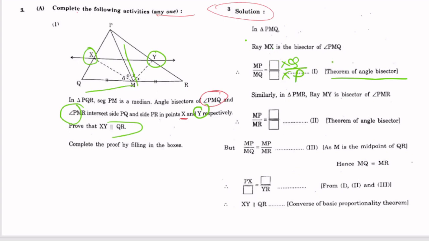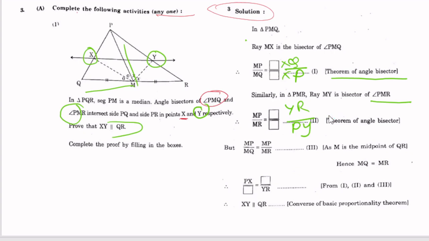So this first box we got. Now in triangle PMR, similarly, MY is the bisector of angle PMR. So MP upon MR is equal to PY upon YR. These two boxes we got.